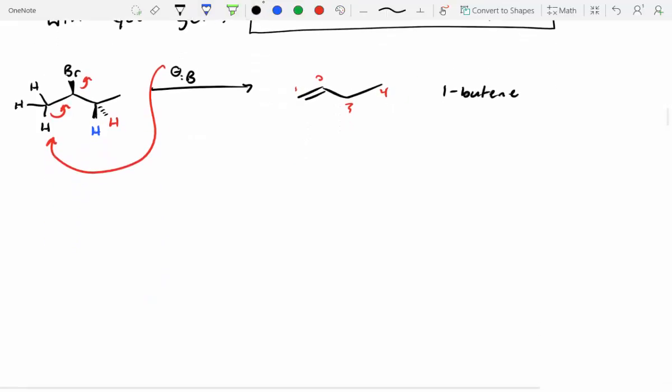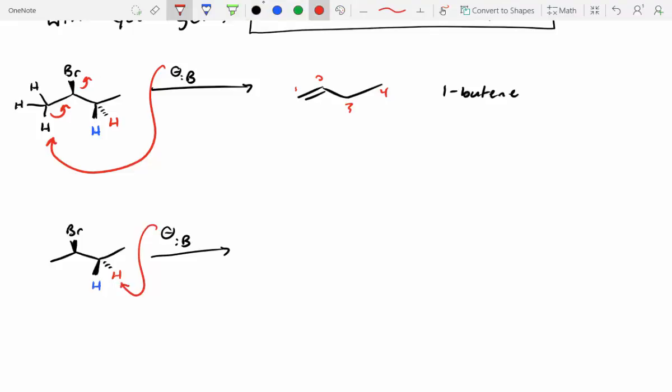Let's try this again, though. And this time, we know that that red proton's anticoplanar. So I'll draw in this red proton over here and this blue proton over here. All right, so now we're forming our double bond between carbon 2 and 3.